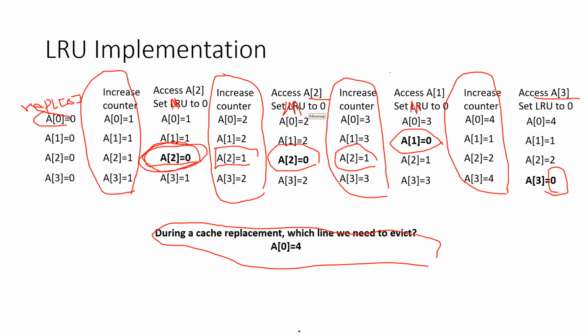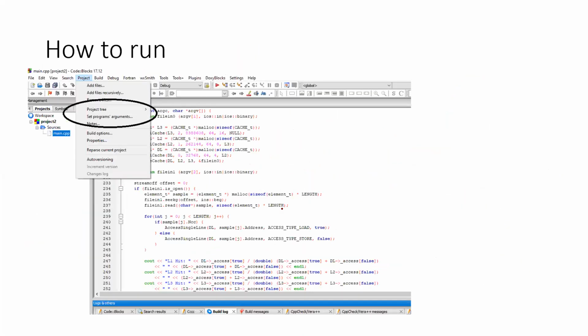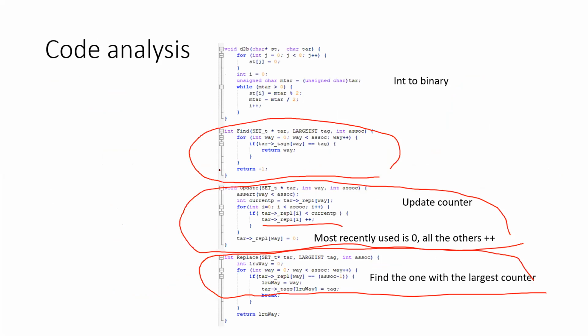Some students ask, how can you get the counter of the most recently used? When you have an access, you need to look up your cache. Once you find the content, that's the most recently used cache line. After you access it, this line is the most recently used line.